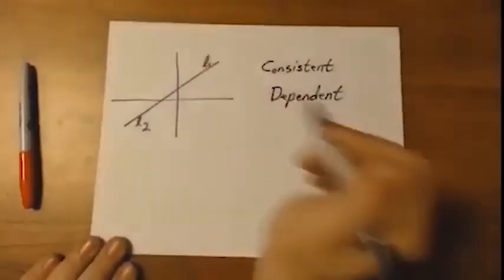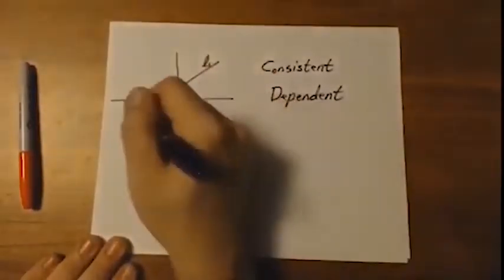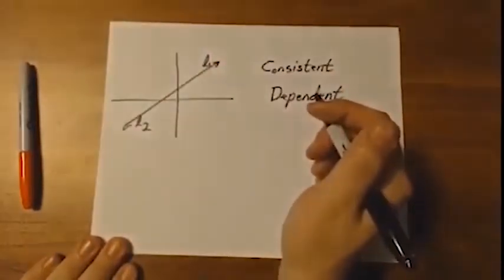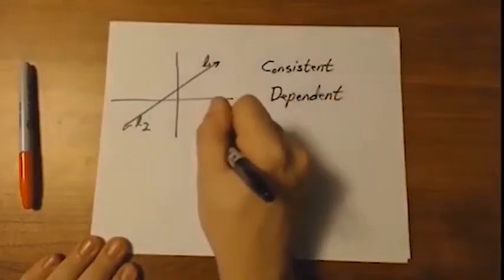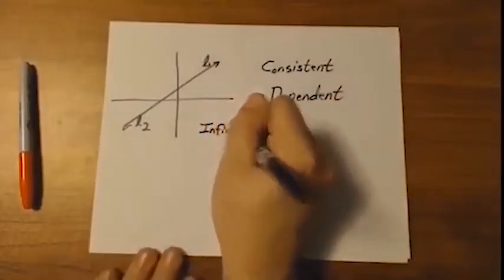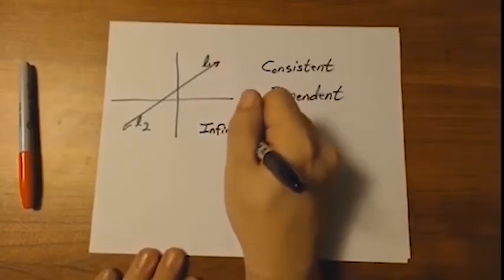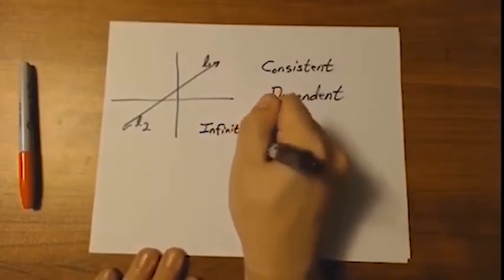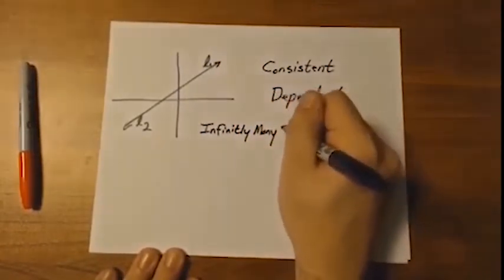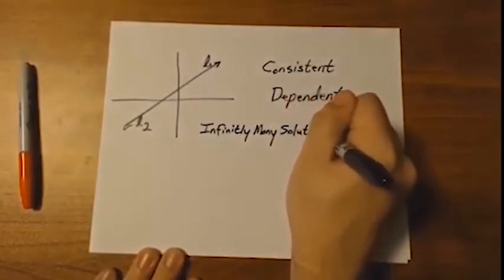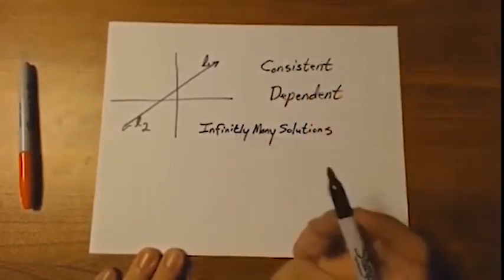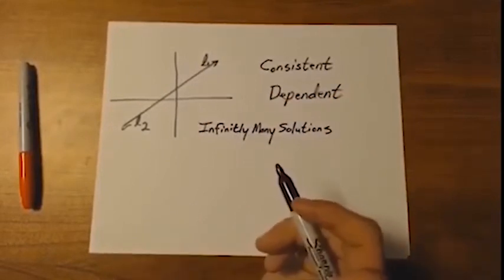But then where we have the same line, all points on line 1 are also all points on line 2. So there are infinitely many solutions. And apologies if there should be an E in there. I'm not a spelling guy.